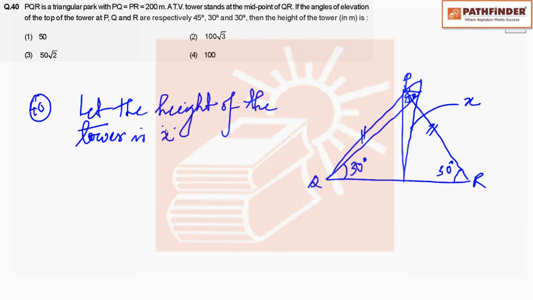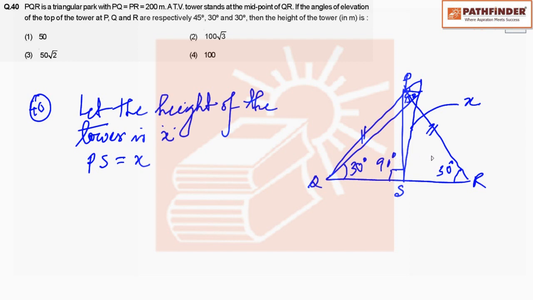And as you know, suppose PS is here, and S is the midpoint of QR. So as this is 45 degrees, that means PS is equal to the tower height x. So PS is equal to x, and this is 90 degrees.